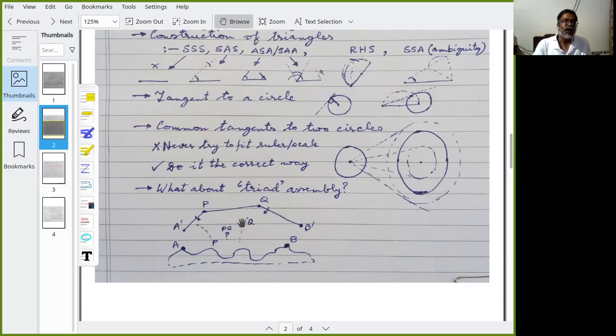Now, the simple point is that right now you can only fix the locus of P and locus of Q as circular arcs and nothing more. You will need to find something else from some other part of the mechanism to fix either P or Q, coming from a different branch of the mechanism.